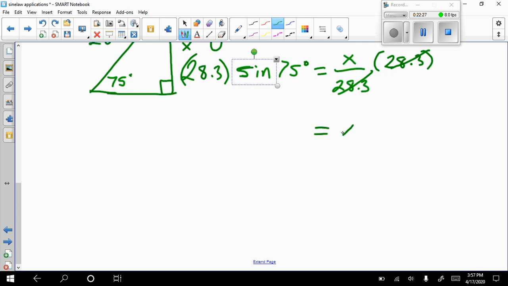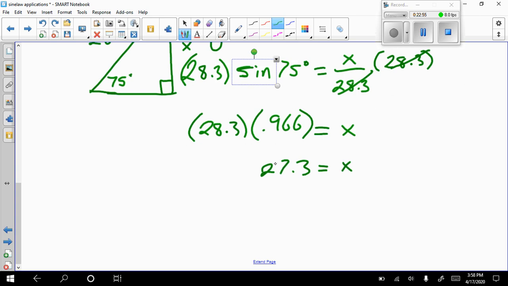And so x is equal to 28.3 times sine of 75. I'll type that into my calculator. So it's going to be 28.3 times 0.966, which is just sine of 75, and you get 27.3 feet.